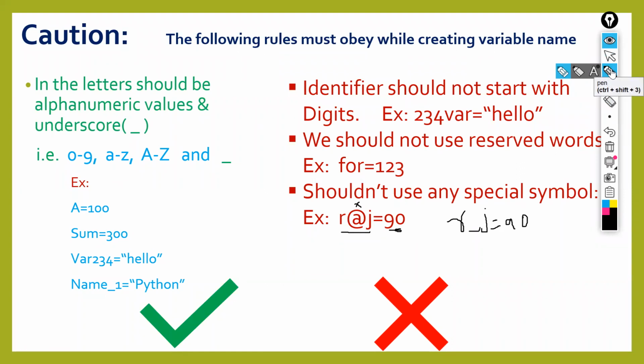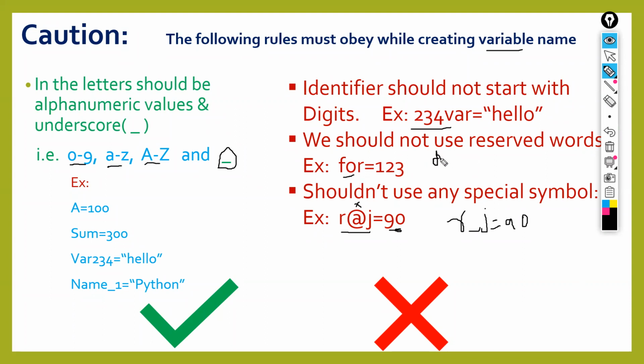Just I want to conclude once again. While we are giving the name to a variable, we can use 0 to 9 numbers, lowercase letters, uppercase letters, and underscore. But the variable name should not start with a numerical value. And a reserved word or keyword cannot be used as a variable name.